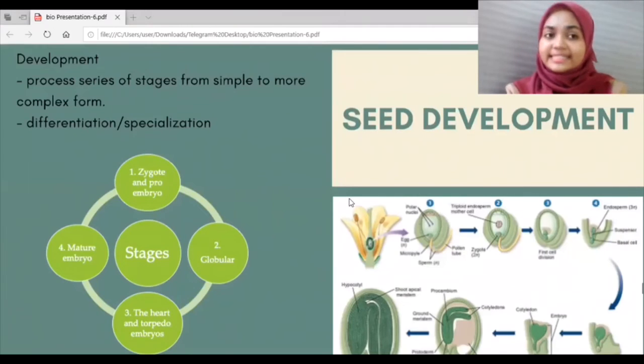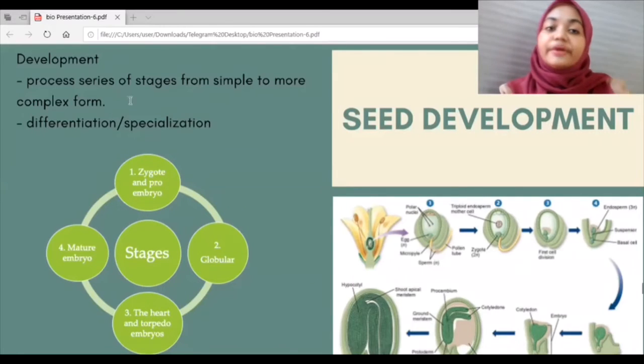What is development? In this term, we call it the process, a series of stages from the simple to the more complex form. This is like our body. We know that we came from the cell, then tissue, then the organ, and then the system. Seed is also like us.